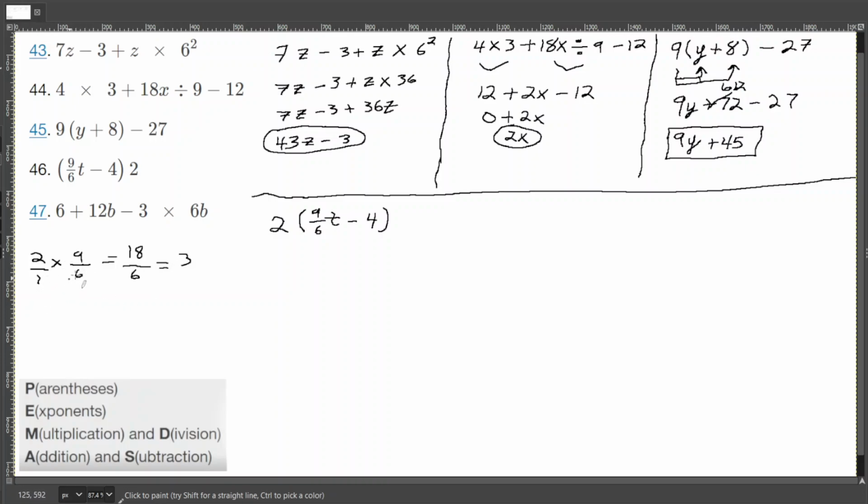Now the other way we could go about this is factoring out 2's. So I could say 2 fits into 2 once, 2 will fit into this 6 three times, and then I would have 3 into 9, which is still 3. So there's a couple ways to go about it. 1 times 9 would be 9, 1 times 3 would be 3.